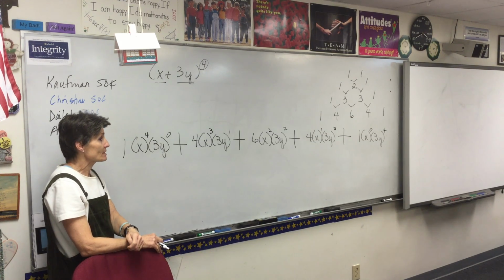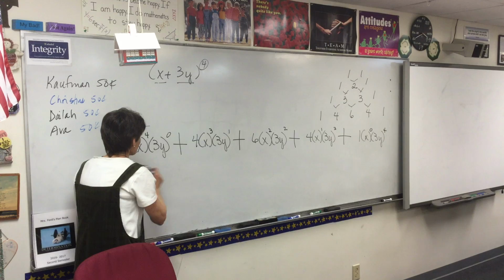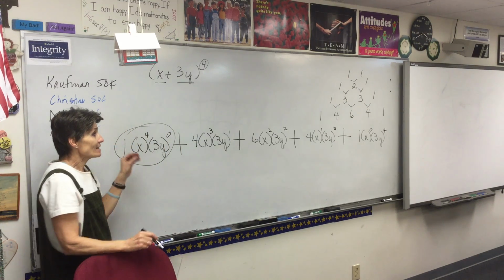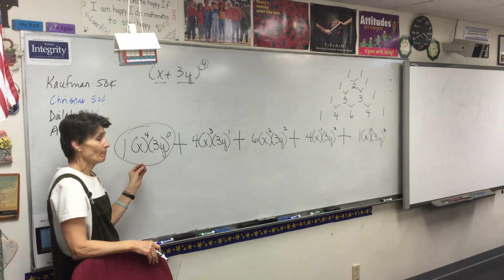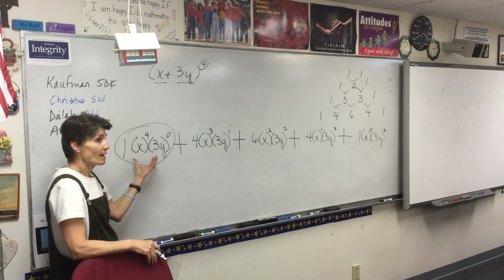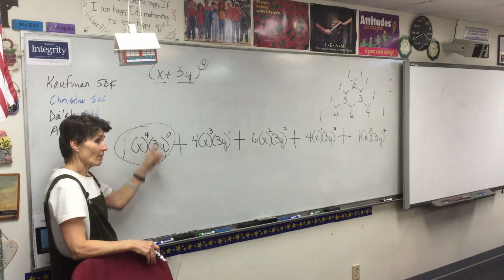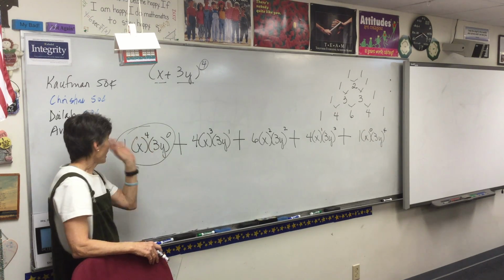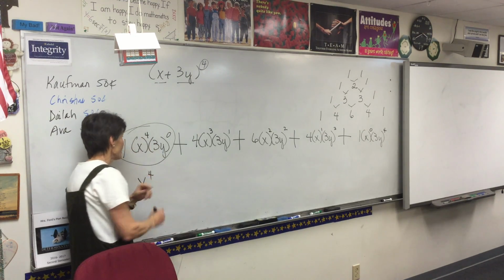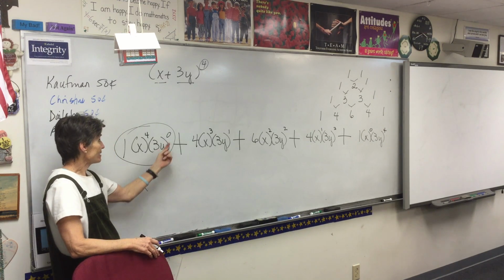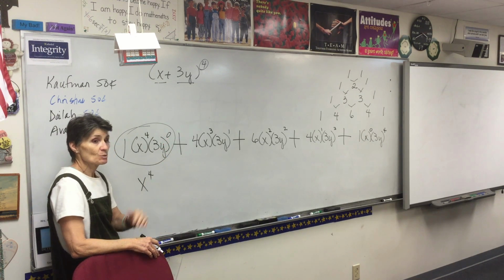All we have to do now is simplify it. So here is the first term. That is a multiplication problem. Everything in there is times together. So what happens when I multiply all that together? All I get is x to the 4th. Remember, anything to the 0 power is 1.